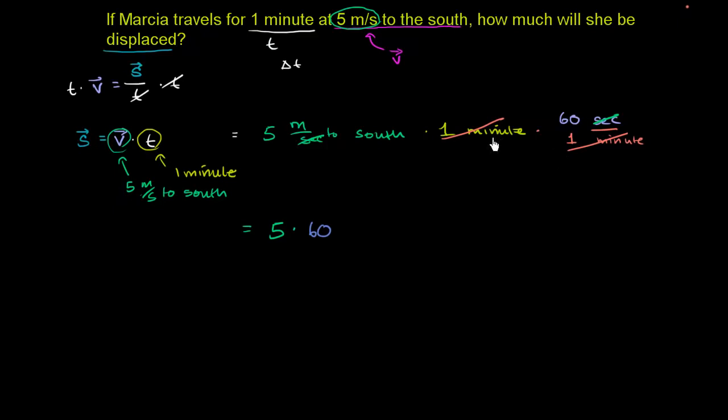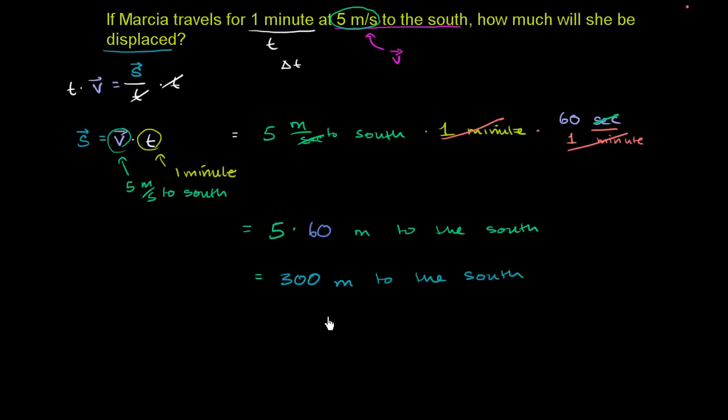All the time units have canceled out, and then it's meters to the south. And this is equal to 5 times 60, which is 300 meters to the south. And we are done.